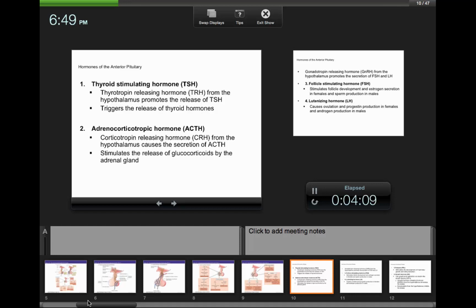It promotes the breakdown of fats and proteins. Promotes fat and protein catabolism. And the big one, why does everybody get sick during finals week? Suppresses the immune system.